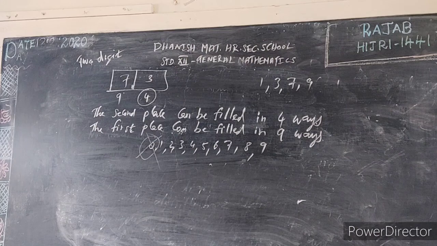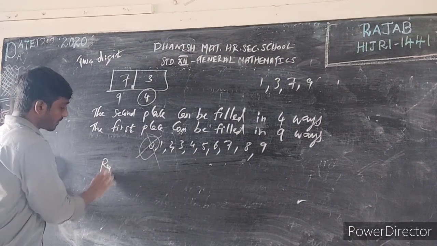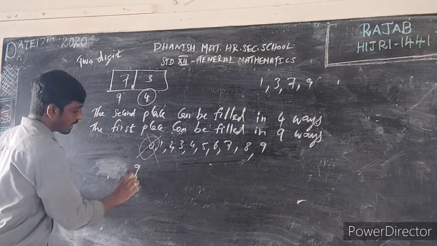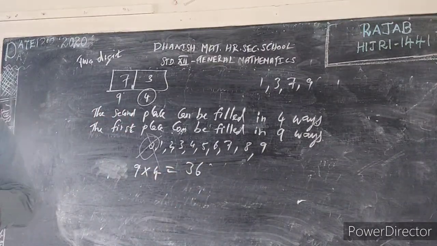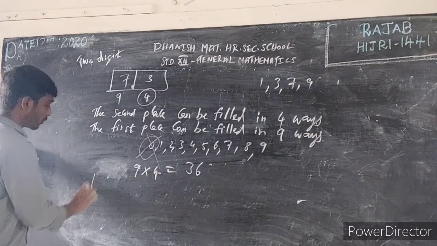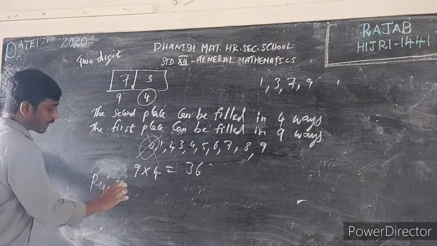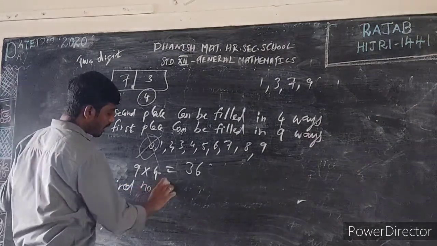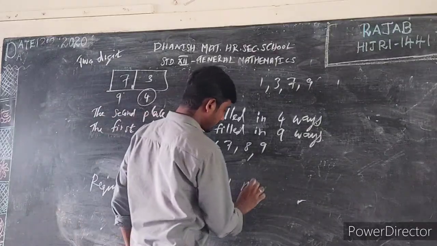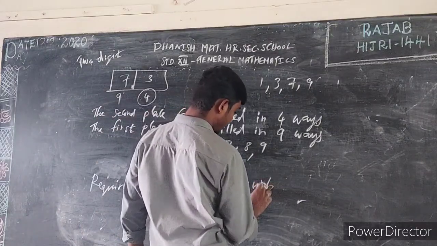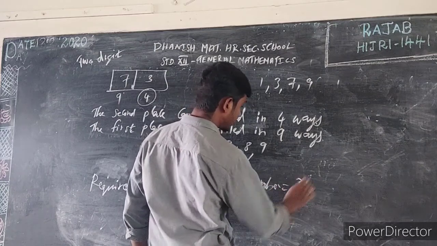Now we multiply: 9 into 4 is 36. So the required number of 2 digit numbers is 36.